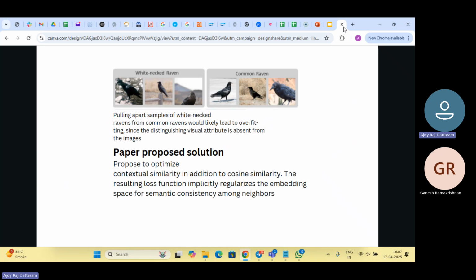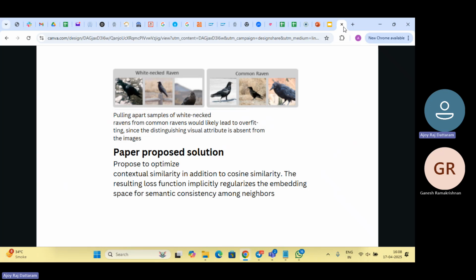The problem proposed in the paper is this: let's consider there are two pictures of animals which seem very similar to each other, like a white-necked raven and a common raven. If we put these images in a ResNet-like architecture, it would give very close embeddings, right? But these are two different classes, so the model would be confused as to whether this is the white-necked raven or the common raven.